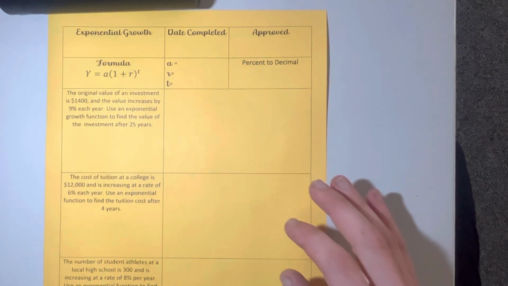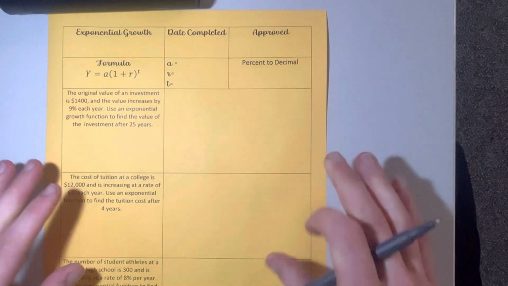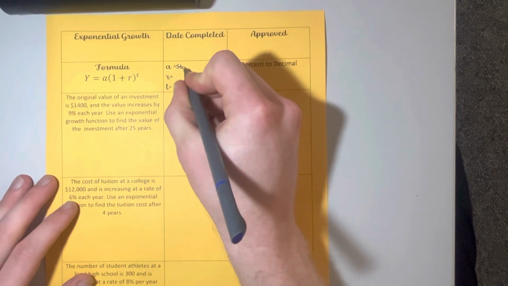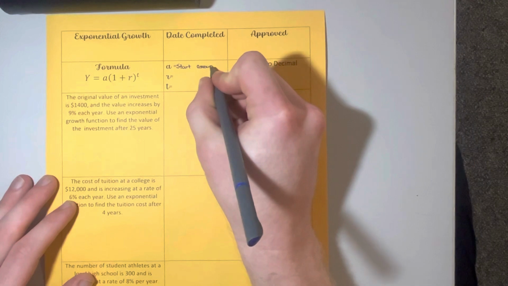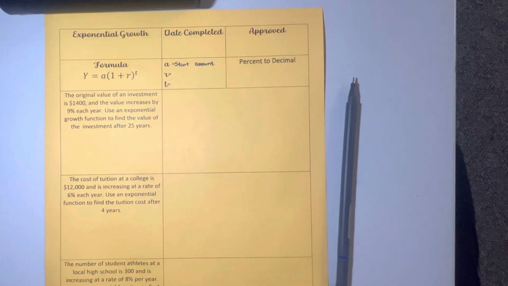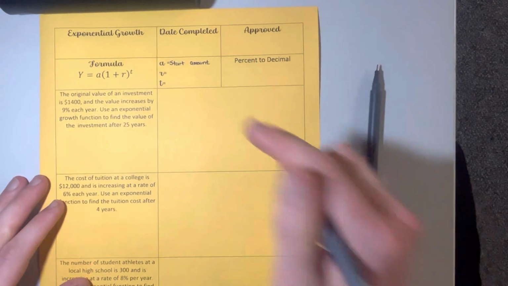Now let's give some context to each of these variables. A would be your starting amount. R is your percentage rate, and we need to write that as a decimal.